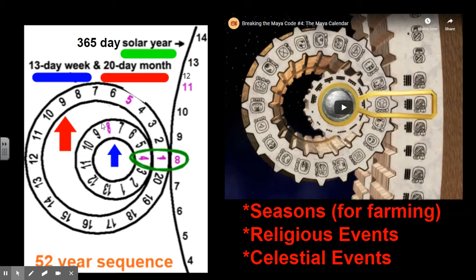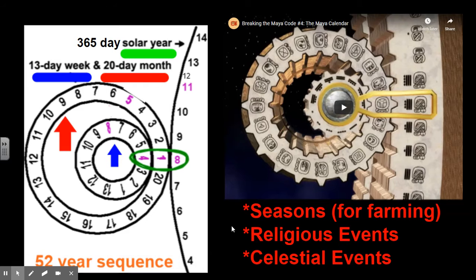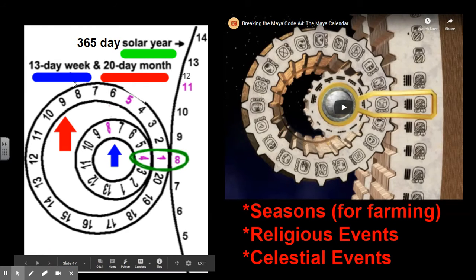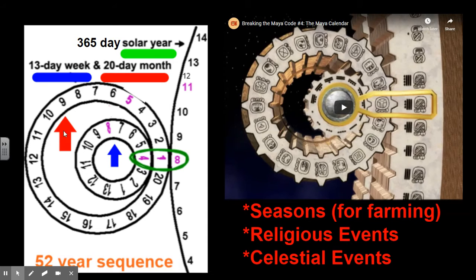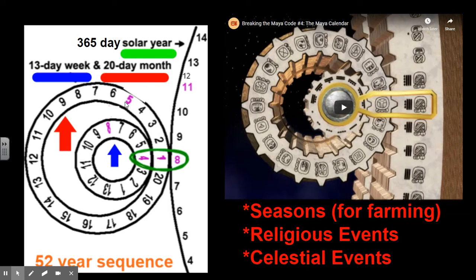And let's talk about what's going on with these rings and all these different colors I have going on. The first thing is, again, they have three rings. One of them, the blue one here, represents the days in the week. The red arrow and the red line here discuss the days in the month.